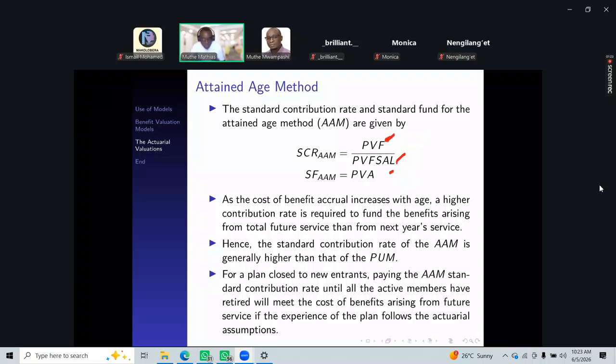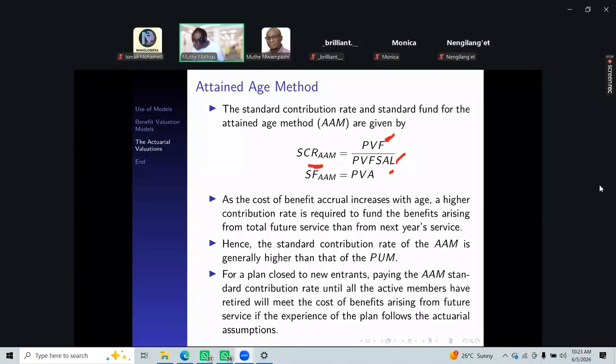So it's the same thing, but the reference point is a bit different, because here we are making reference to all future years, right? So this is called the attained age method.